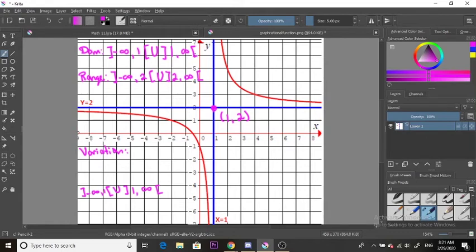So we start from the left, move along the x-axis, and see what's happening with our y value. As we move this way, what's happening with our y values? We can see that the y values are decreasing. So the function is decreasing over the following interval, which is your domain.